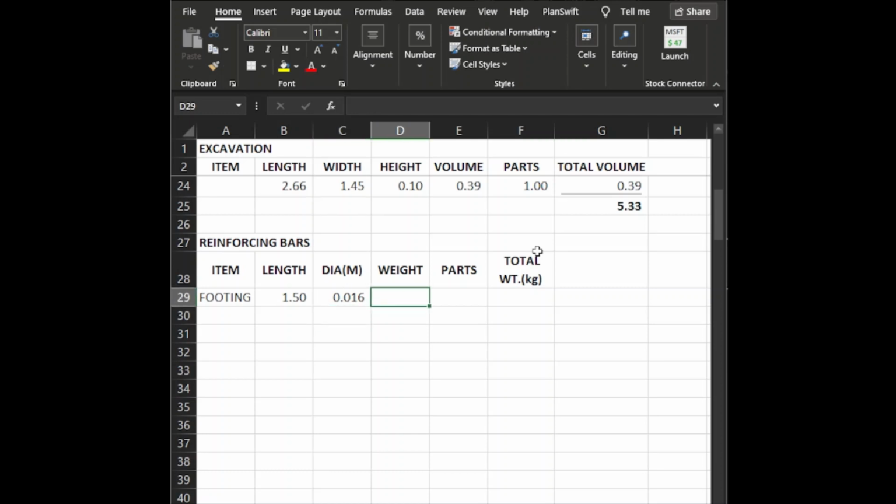0.016 in meters. Then the formula to get the weight is pi d squared over 4 times the length times the unit weight of the steel, 7850.